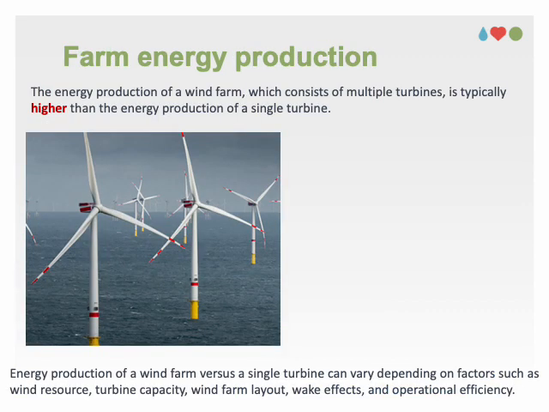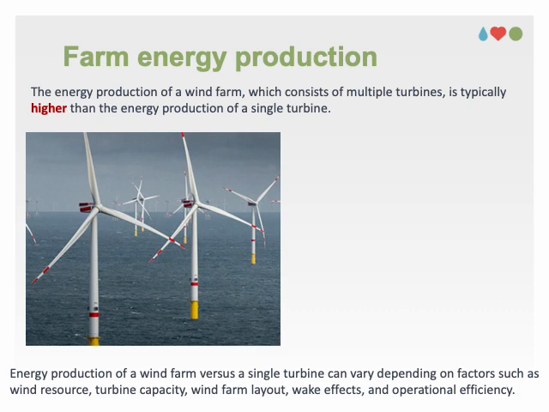I now move from a single wind turbine to a farm. The energy production of a wind farm is typically higher than the energy production of a single turbine. There are several reasons for this.